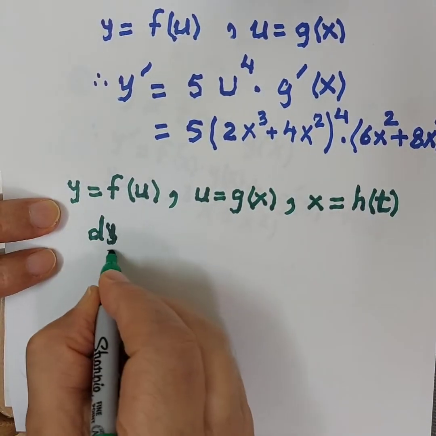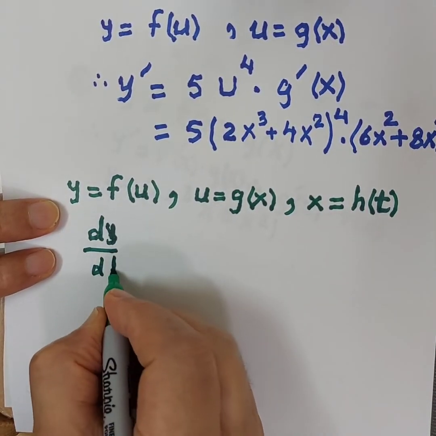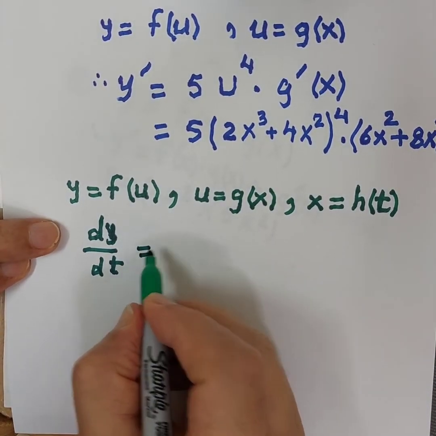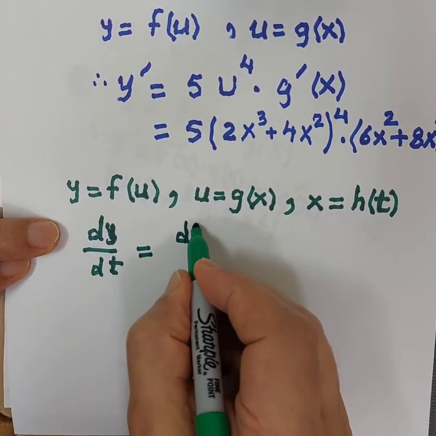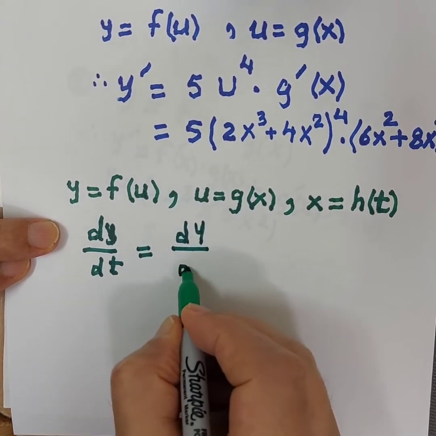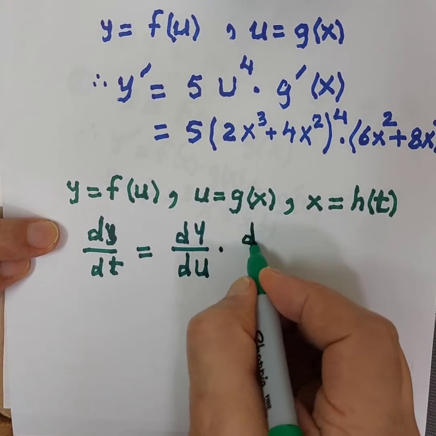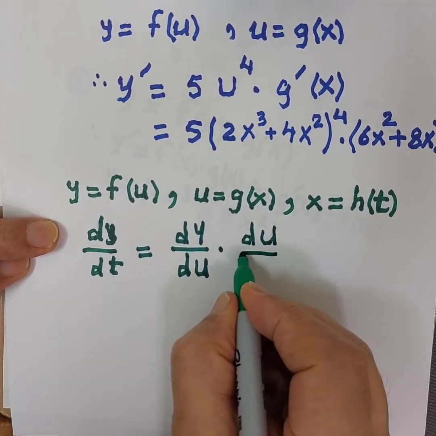When we differentiate this, we do it in 3 steps. First, we find dy by du. Second, we find du by dx.